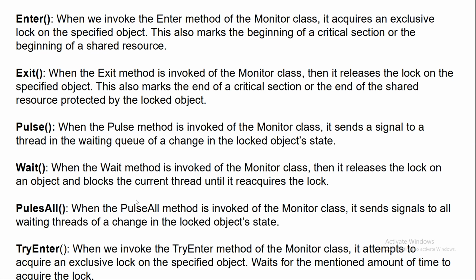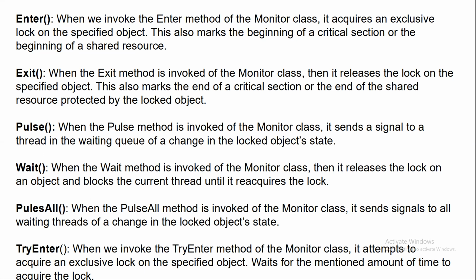And PulseAll means, let's say you have more than one thread in the waiting queue, it will send a message to all the threads which are in waiting. Pulse sends only to one object, whereas PulseAll sends to all the waiting threads.